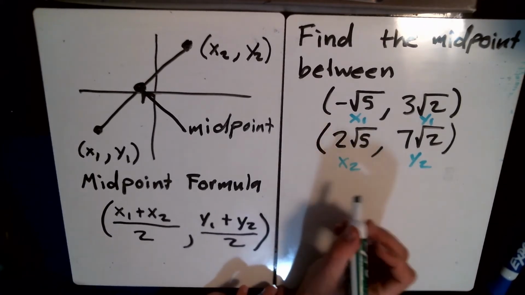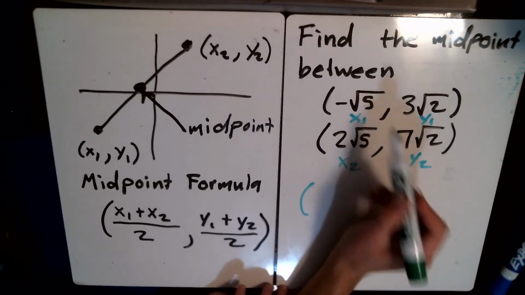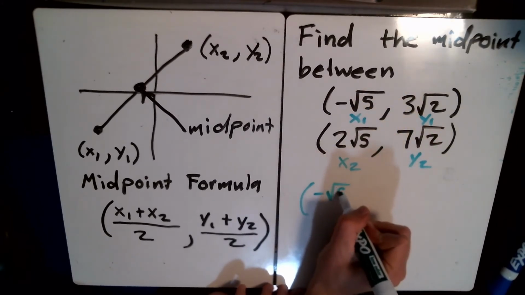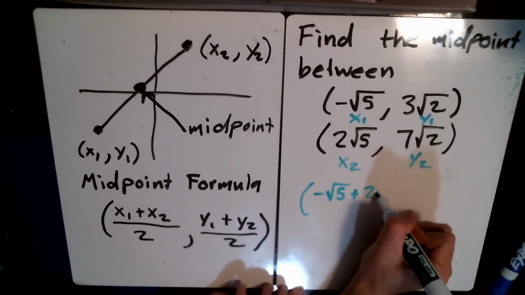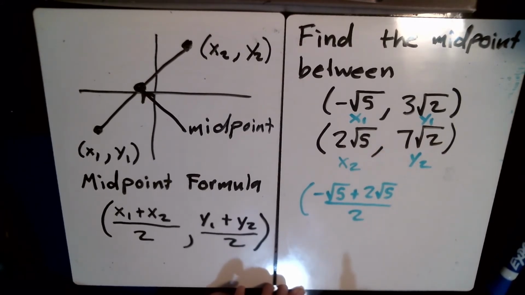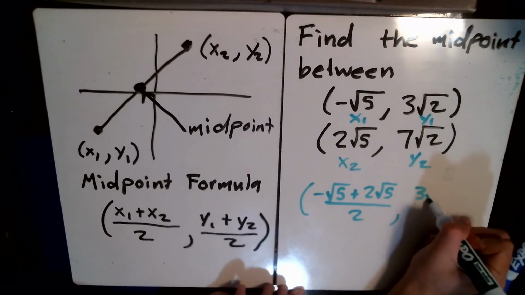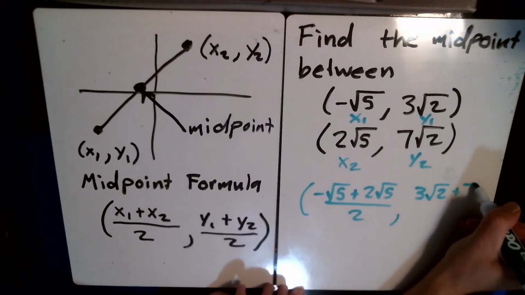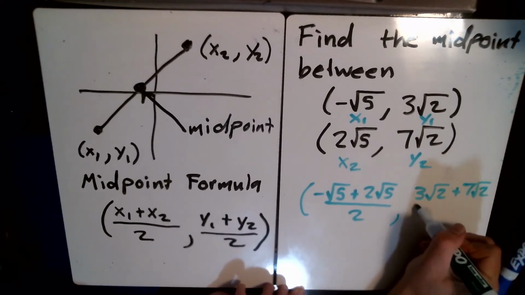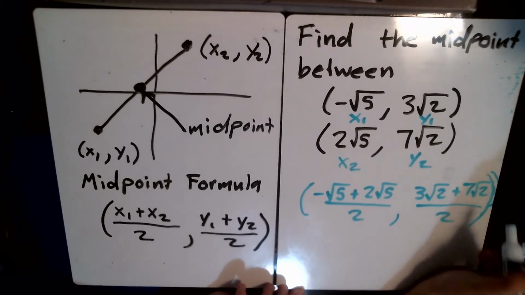The midpoint is going to happen at, I add these 2 together, so I have negative square root of 5 plus 2 square roots of 5, and then divide that by 2. And then my y value is, I add the y values, 3 square roots of 2 plus 7 square roots of 2, and then divide that by 2.